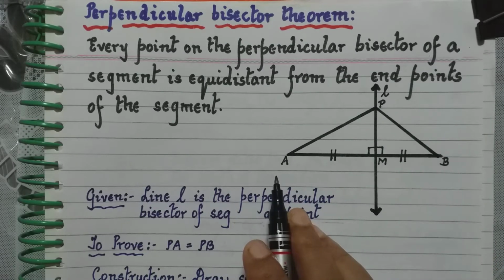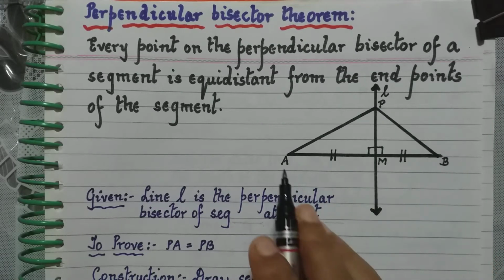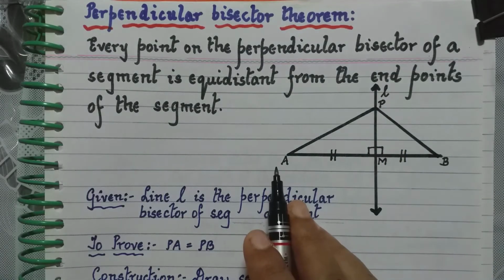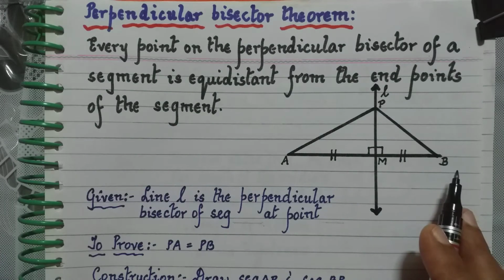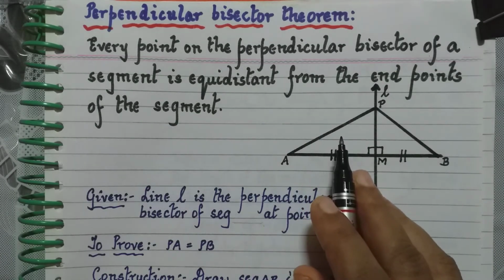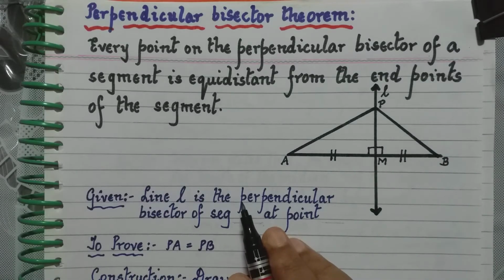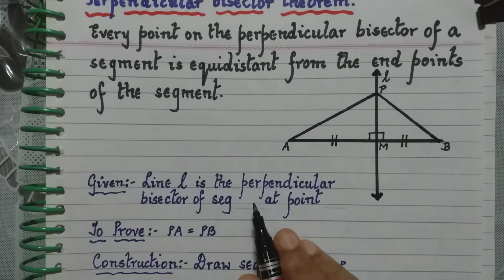Which are the endpoints of this line segment AB? A and B. So if this point P has to be equidistant from A and B, then PA should be equal to PB.